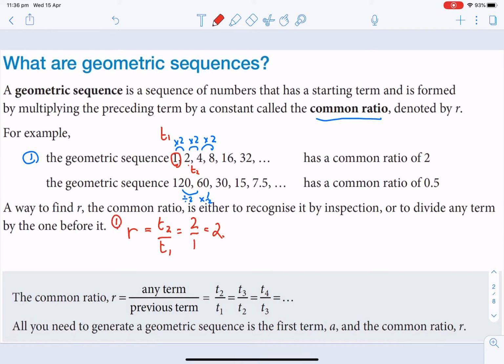That's for the first one. For the second sequence, we do it again. T2 divided by T1 gives us 60 on 120 equals a half. So all you need to generate a geometric sequence is the first term A, so we still need to utilise that first term A, and the common ratio.